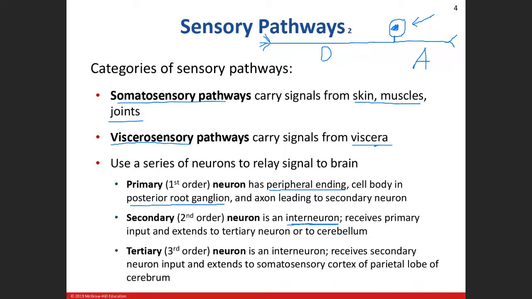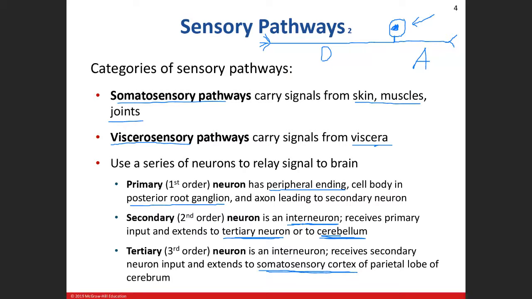So it's going to receive that information from the primary neuron, and it's going to take that information up to either the cerebellum, especially if it has to do with proprioceptive information, or it's going to take that information up to a tertiary neuron, the third neuron there. Usually that's found in the thalamus. Then finally, the tertiary neuron is going to transmit that information to the somatosensory cortex. And where's that located? Parietal lobe.